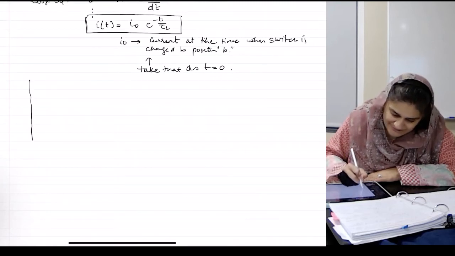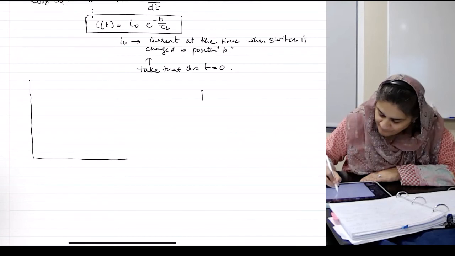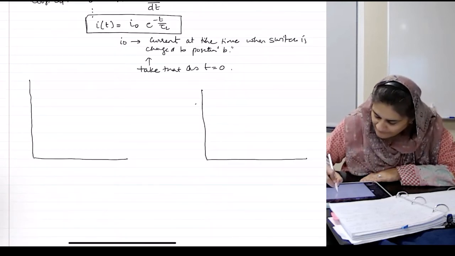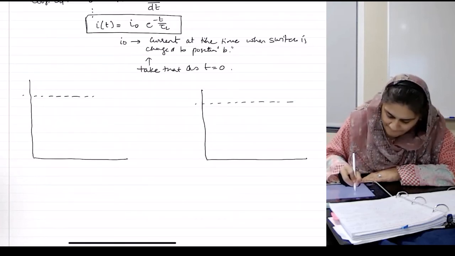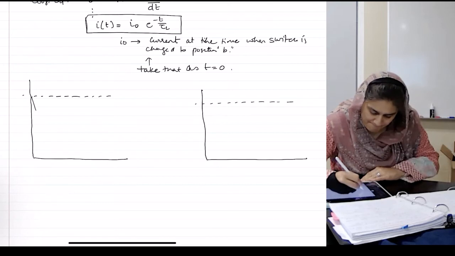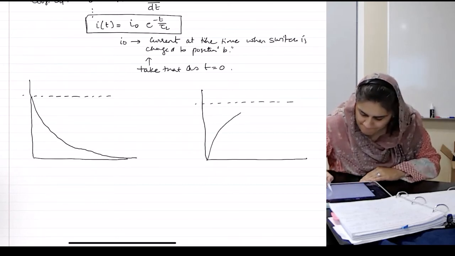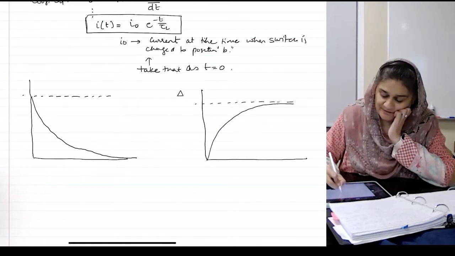So let me draw the same graphs again. This is delta VL.